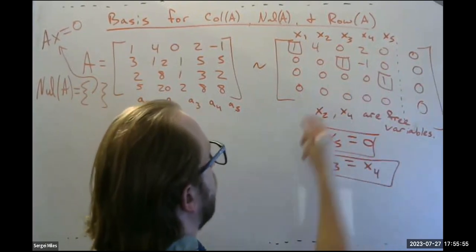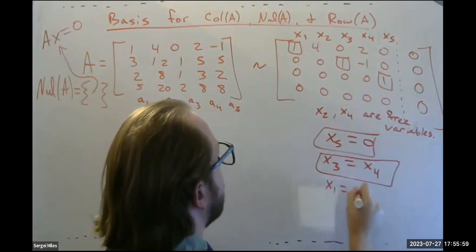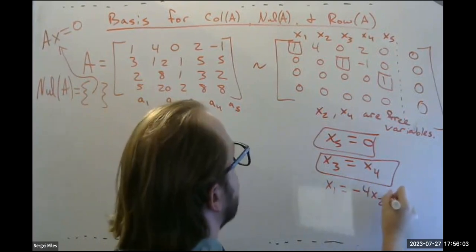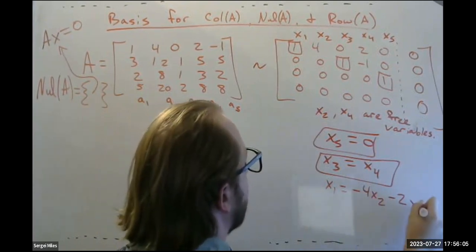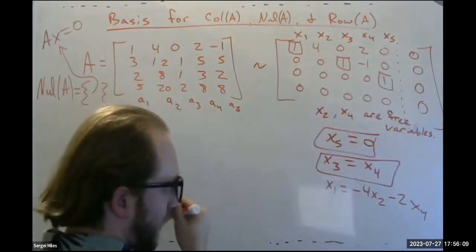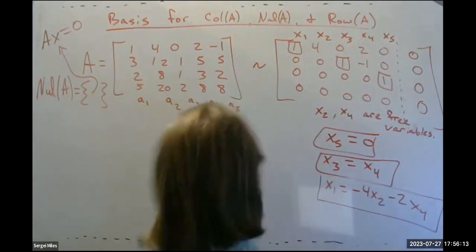Okay, that's nice. What about x2? Well, x2 is free, x4 is free. What about x1? x1 equals -4 x2 minus 2 x4, again, if I subtract these two pieces over to the other side. All right, great. So we have all our pieces.